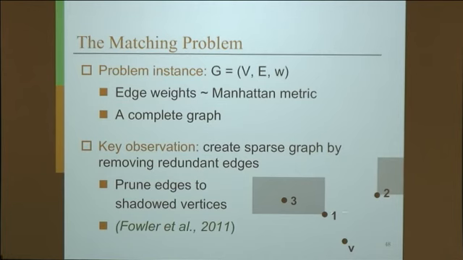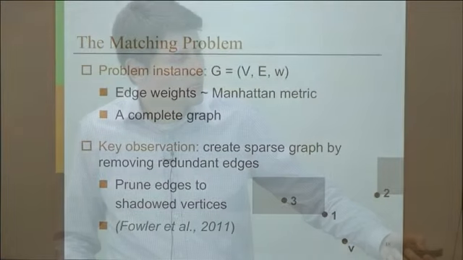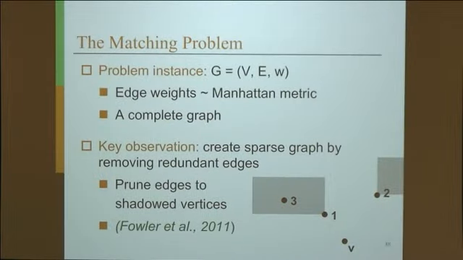If there's point number 1 here, it will cast a shadow here, and point 3 will be shadowed by it. So for vertex V, we only need to consider the edge from V to 1, but we can ignore the edge from V to vertex number 3. And the reason being, we can show that assuming a minimum weight matching would use the edge from V to point number 3, we could find an alternate matching that would have lower weight.